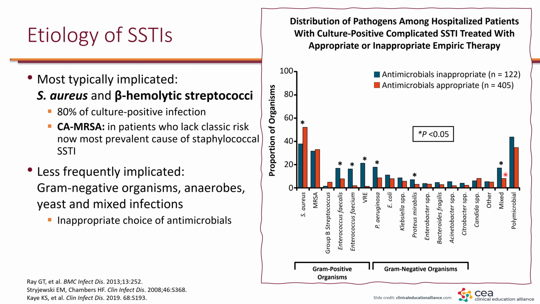And sadly, when you look at some of the data, you will see that when you compare inappropriate antimicrobials to appropriate antimicrobials, when it comes to Staphylococcus aureus, a good portion of treatments have been inappropriate, meaning no coverage, either due to resistance or due to inappropriate selection of antimicrobials. And the ones with this are statistically significant. So less frequently implicated are gram-negative organisms.